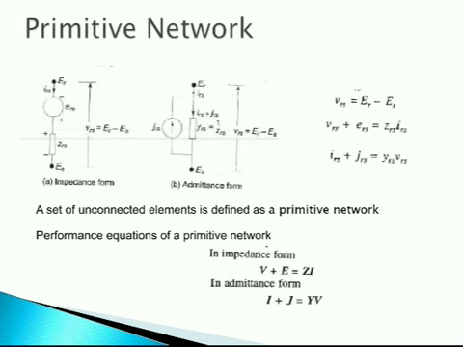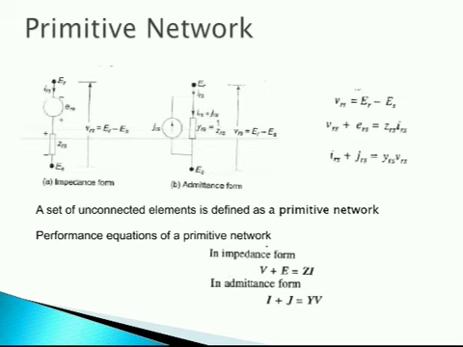So you have these elements and these are the equations we get from them. A set of unconnected elements is defined as the primitive network. So these small networks, the impedance with the source and load, or the current source with the admittance, are primitive networks that represent a part of the branch or part of the graph.